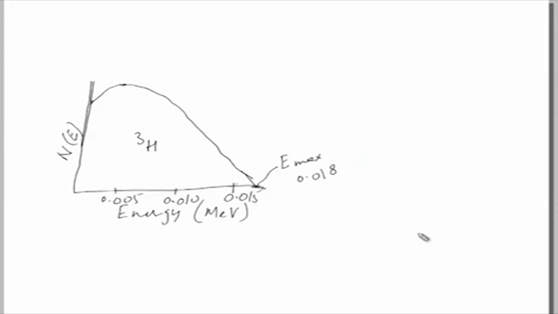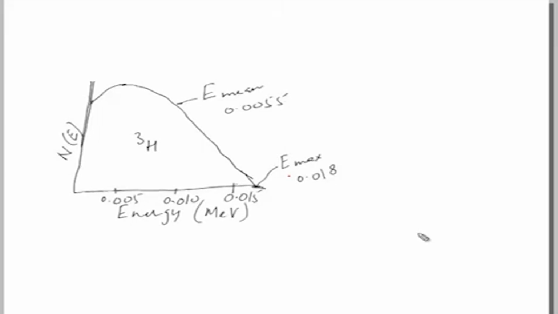Remember, the number of atoms with that particular energy is very small or almost none, and the number of atoms with low energy is very high. So, we take somewhere around a mean, the number of atoms with a mean energy, and that comes around 0.0055 million electron volt. This is the beta spectrum for 3H.